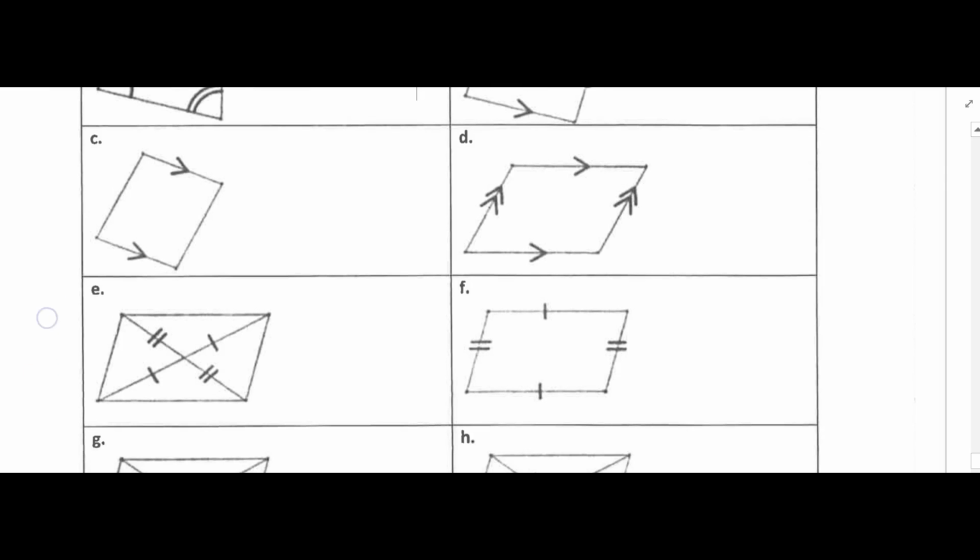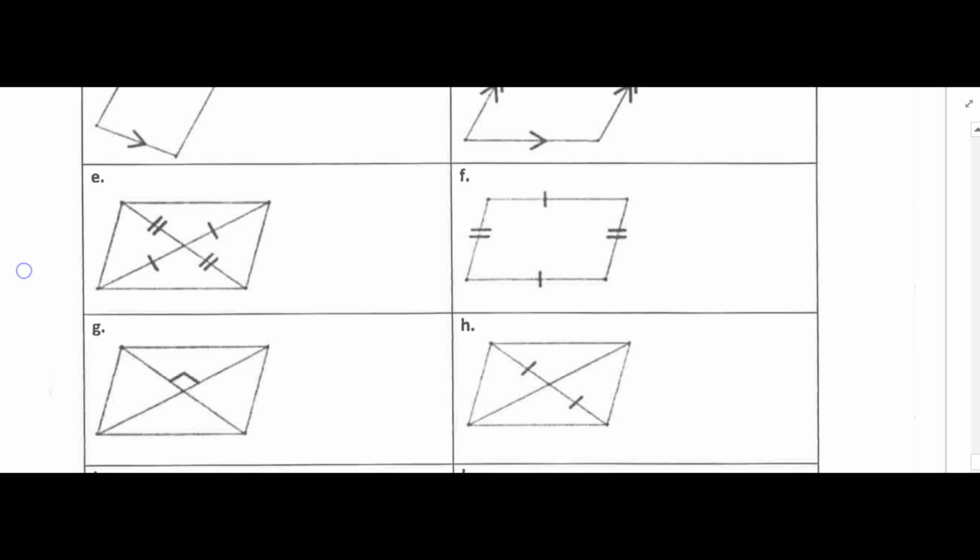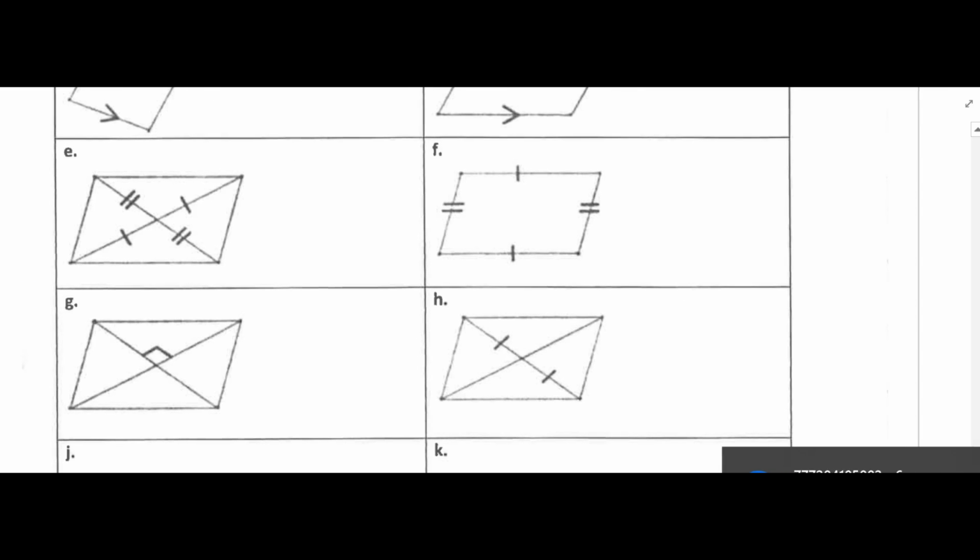Alright, so let's take a look at E, and if we look at the tick marks here, it says that the diagonals bisect each other.